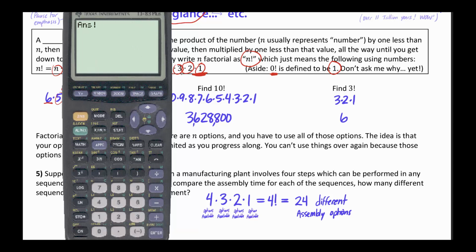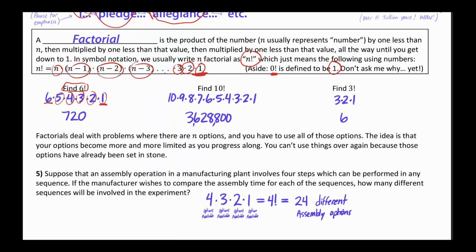If we hit enter, we need a number to take that factorial of. So let's do 10 factorial. Let's see if I did that problem correctly. So 10 factorial, hit enter, 3,628,800. So my answer was correct for that one.